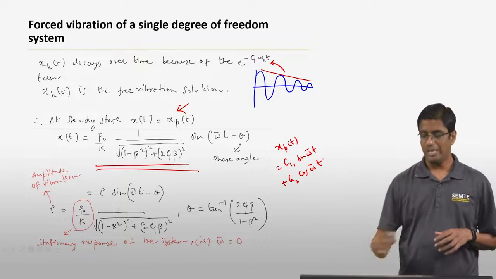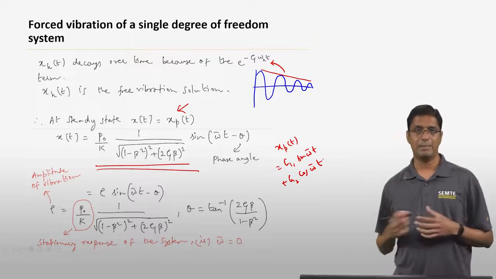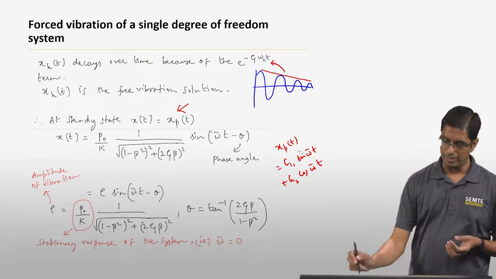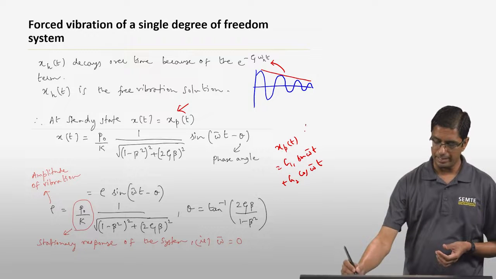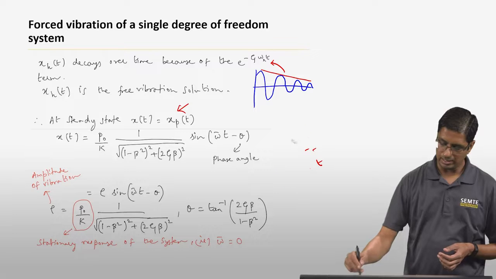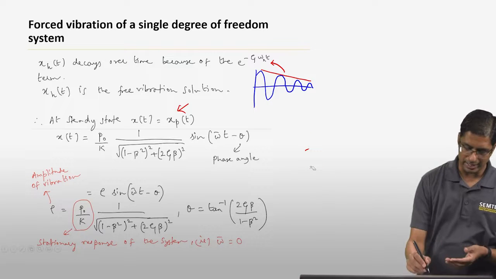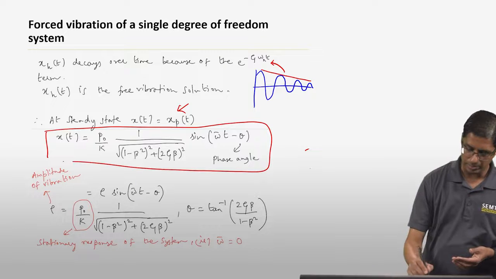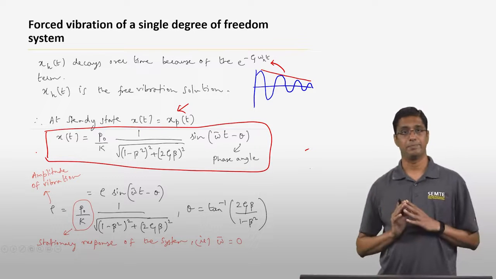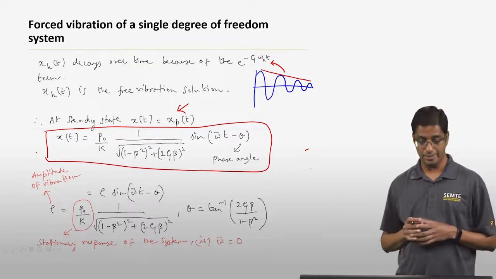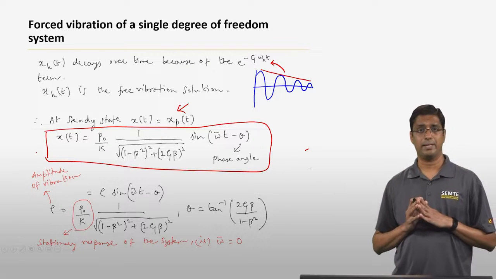Now, essentially using a small mathematical trick, you can write this G1 sine omega bar t plus G2 cos omega bar t as something a little bit simpler, and that is what I have done here. So you can write this x of t as composed of a sine of omega bar t minus theta. Again, this is something that you can try and derive yourself if you are interested, but x of t is going to look like that.